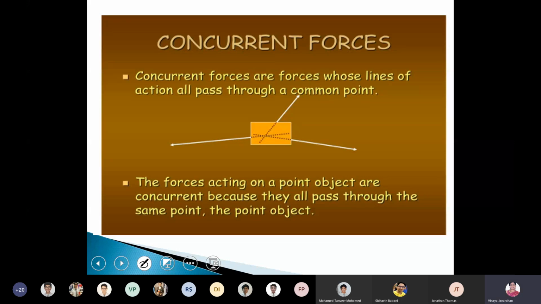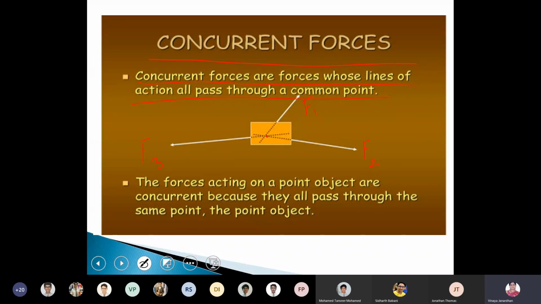Okay, boys. So concurrent forces are forces whose lines of action all pass through a common point, or in other words, all the forces act at a given point on an object, and such forces we call concurrent forces. Can you write the statement, boys? Concurrent forces are those forces whose lines of action pass through a common point. Suppose I have these forces F1, F2, and F3.